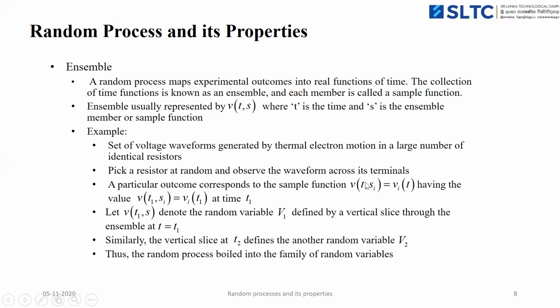If you want to find the value of this waveform at a time t equal to t1, we can observe the value at that particular time. Therefore, at t equal to t1, we get the value for this sample function, that is V of t1 comma si, which is equal to vi of t1.